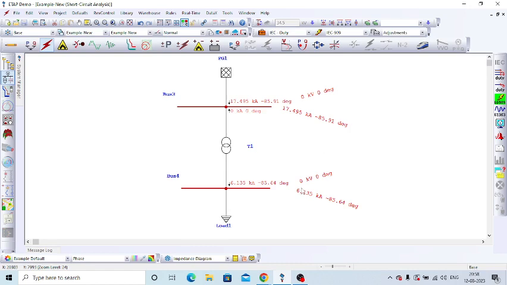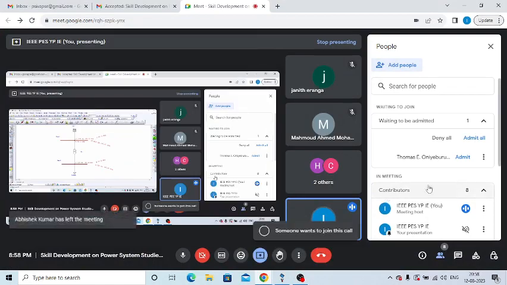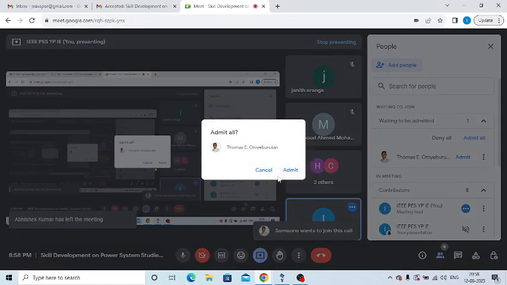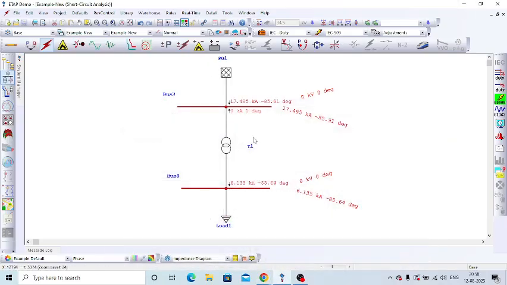Okay. So from the grid, we are getting 17.495 kiloampere as a fault current during the fault. In the bus, we are getting 17.495 kiloampere at this bus.